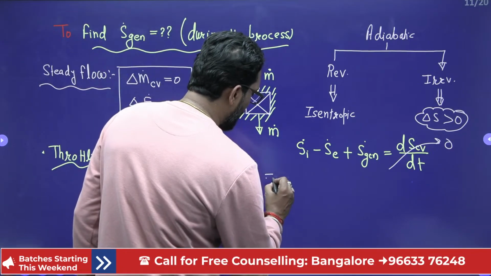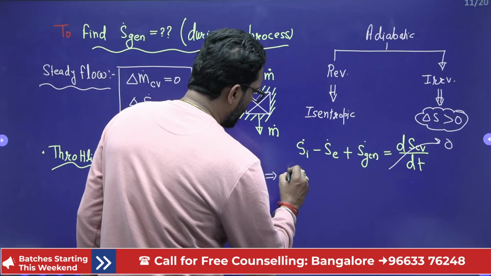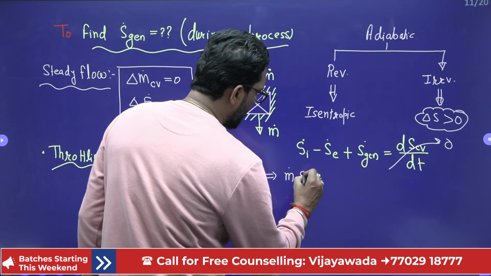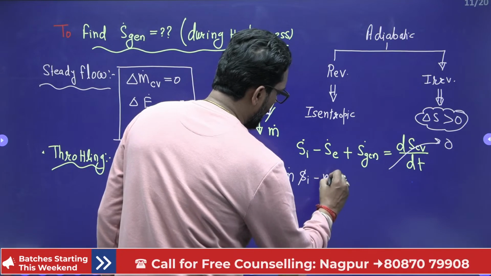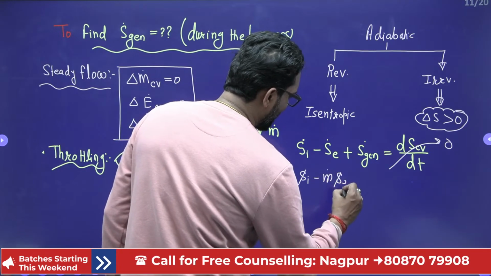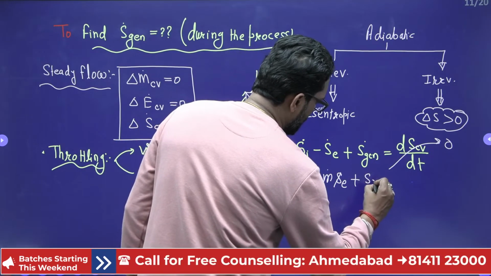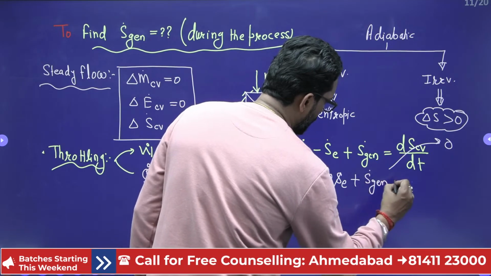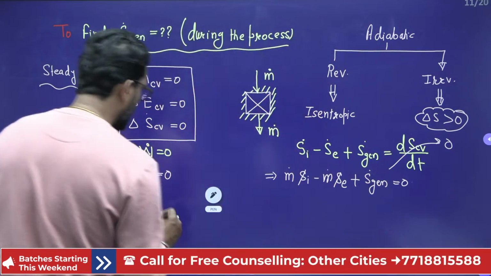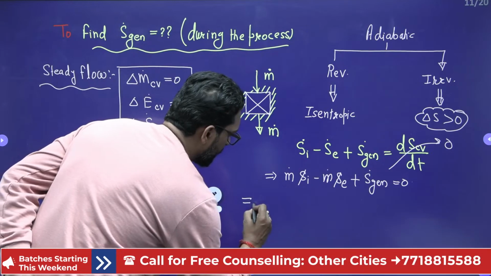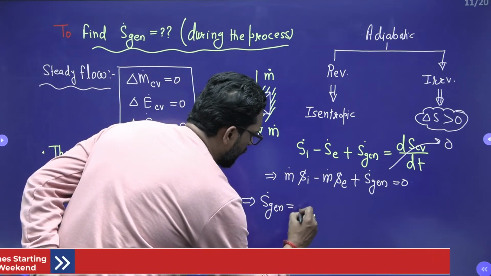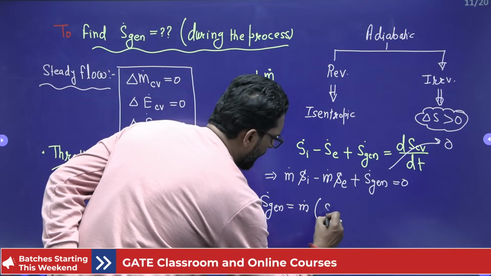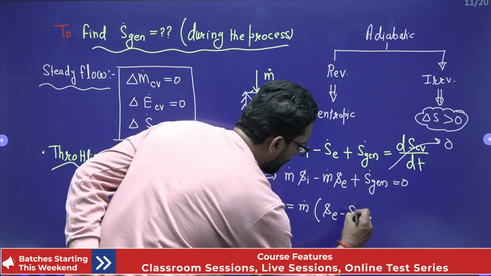So multiplying with m dot, m dot S inlet minus m dot S exit plus S generation dot. So S generation dot is equal to m dot times (S exit minus S inlet).